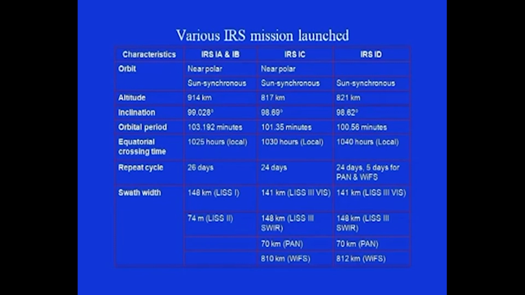The swath width, that is the area coverage, for IRS-1A and 1B, based on the sensor configuration, which was LISS 1, is 148, and for LISS 2 it is 74. In case of IRS-1C, it is 141 kilometers for LISS 3 in the visible region and 148 for LISS 3 in the SWIR, 70 kilometers for PAN and 810 kilometers for WiFS.